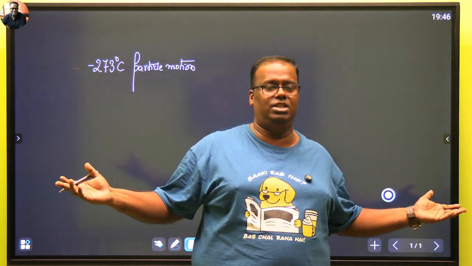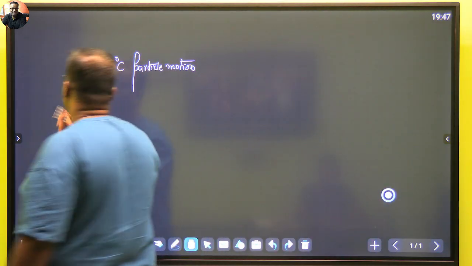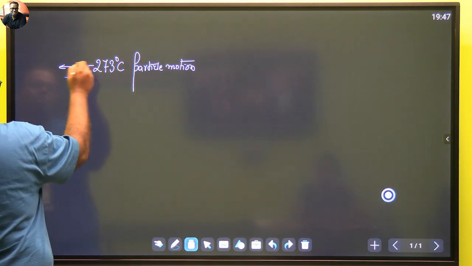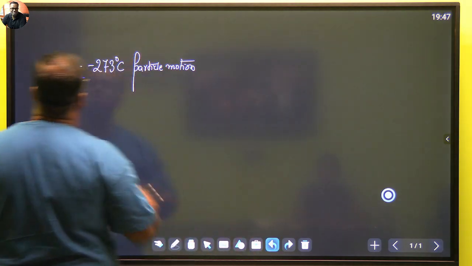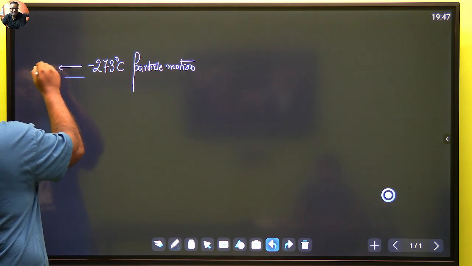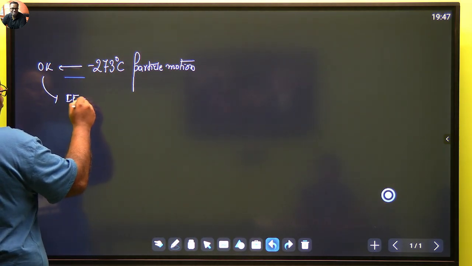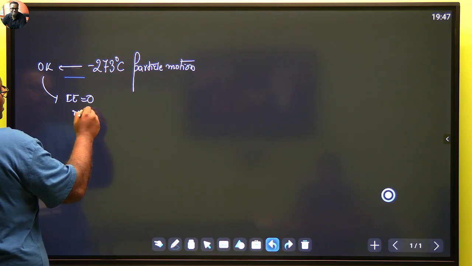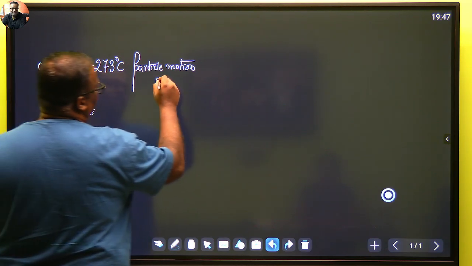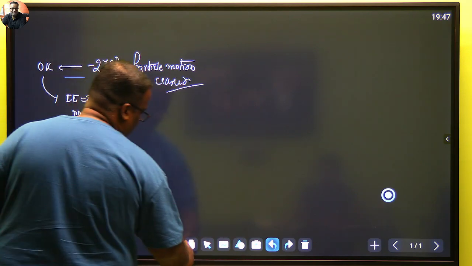Their motion has ceased. This is called absolute zero. This temperature is the same as getting a temperature of how much? Absolute zero. That is 0 Kelvin. And at 0 Kelvin, the internal energy has almost become zero. No kinetic energy. So all the particles' motions have ceased. Zero is the motion.